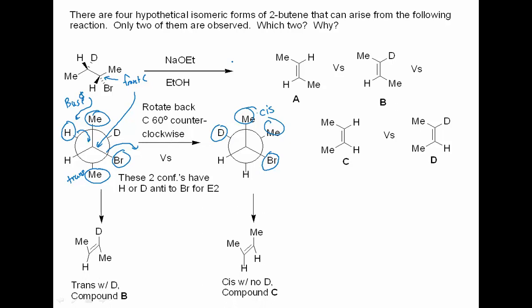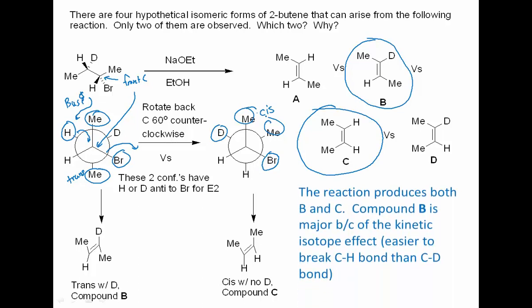All right. So the trans is going to have deuterium. That's B. And the cis that we get is not going to have any deuterium. So that's going to be C. All right, we're probably going to see a lot more of B than C because of the kinetic isotope effect, right?